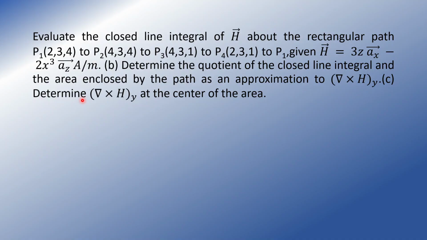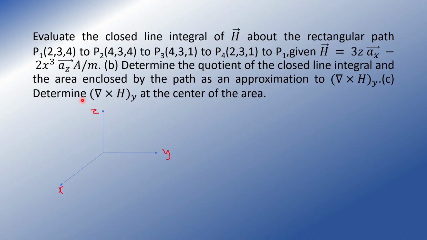If we have understood the statement of the numerical, let us break it down into 3 parts and follow with the solution. Moving on to the solution of the first part, that is to find the closed integral of H dot dl. Let us visualize those 4 points in the Cartesian coordinate system.